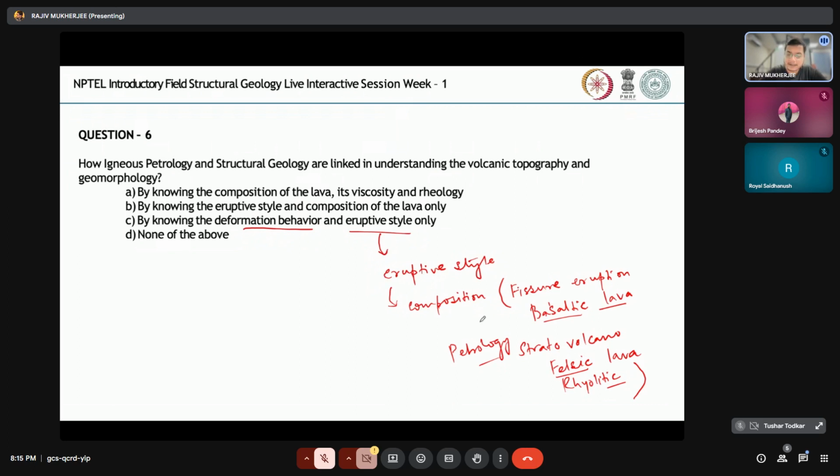Whereas for basaltic lava, the water content is very much less, and so does the silica content, and that is why its viscosity will be much lesser compared to a rhyolitic or felsic lava, and it will generally flow rapidly or smoothly over the surface without making any cone shaped volcanic eruption, right? So understanding the viscosity, obviously if you know the viscosity of the material, you should be able to know how it will deform.